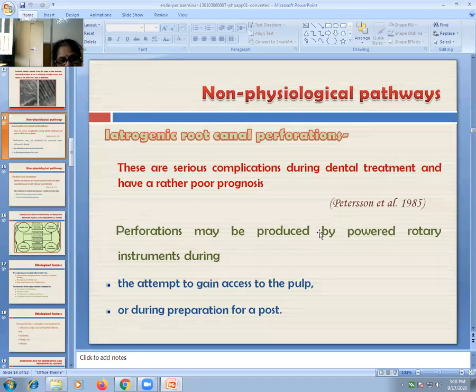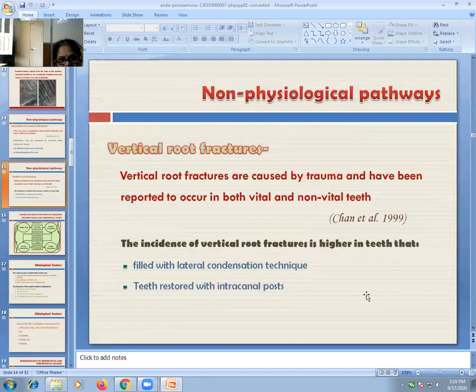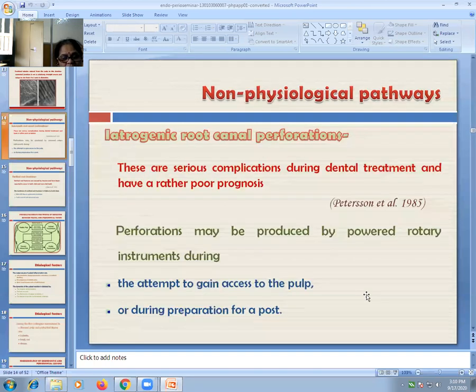This perforation can occur due to rotary instruments and can happen at two phases. Initially, where you start getting access to the pulp, while doing the root canal treatment, when you start locating and exploring the canal, and you don't find the canals and start digging here and there, that may lead to perforation.